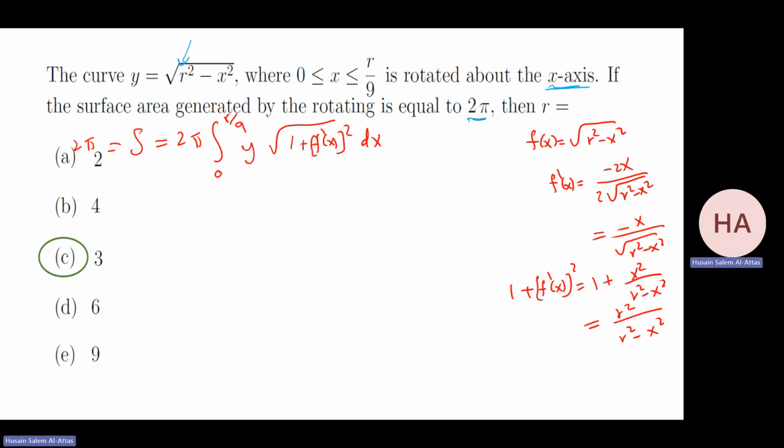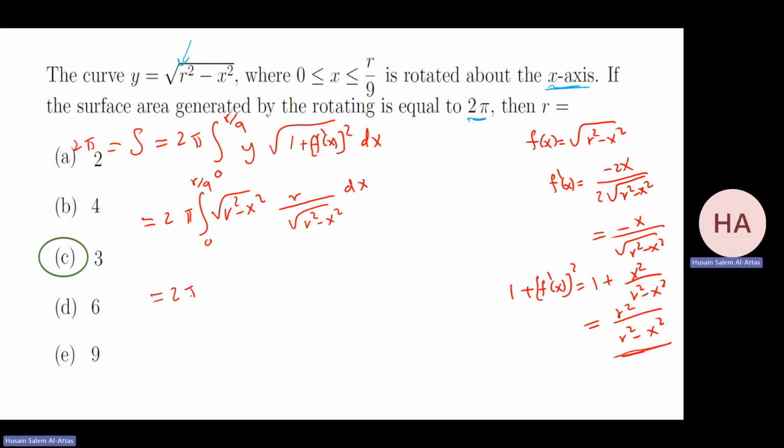Okay, so I plug the numbers now. That will be 2 pi integral from 0 to r over 9, y, which is this, times the square root of this, which is r. R should be positive. R square root r squared minus x squared dx.